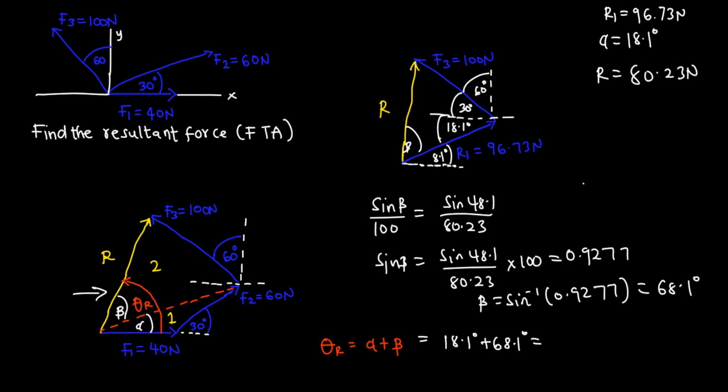So we're going to have the angle to be 86.2 degrees, which is this angle here, from this point here to this point here. Okay, that's the angle that the resultant force makes with the positive x-axis when you measure in the counterclockwise direction.